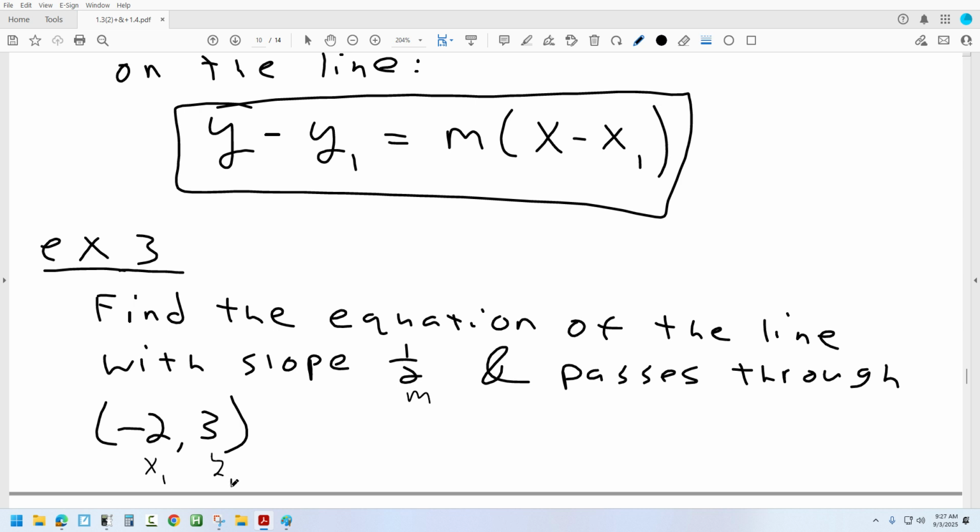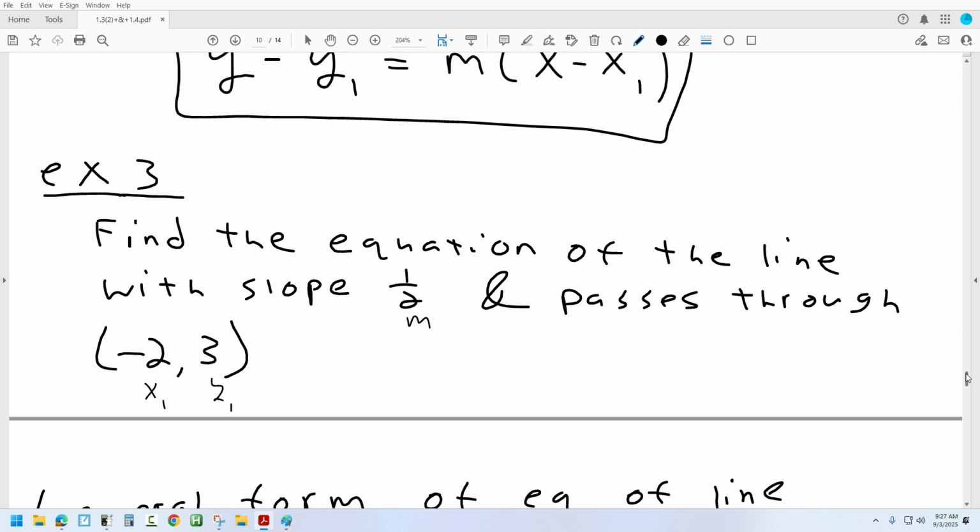Okay. So let's fill in those three things and see what we get. I don't have a ton of space usually on the smartboard. I can make more space, but I'll start it up here. So y minus y1 equals m times x minus x1.